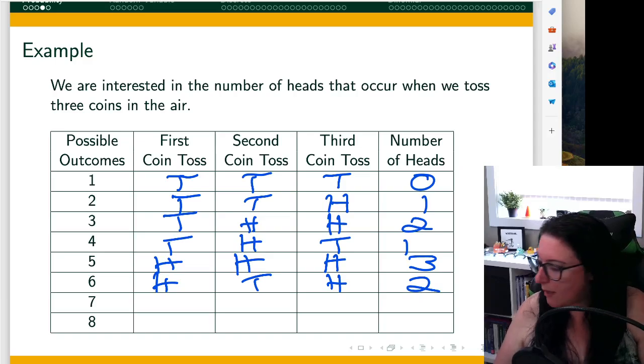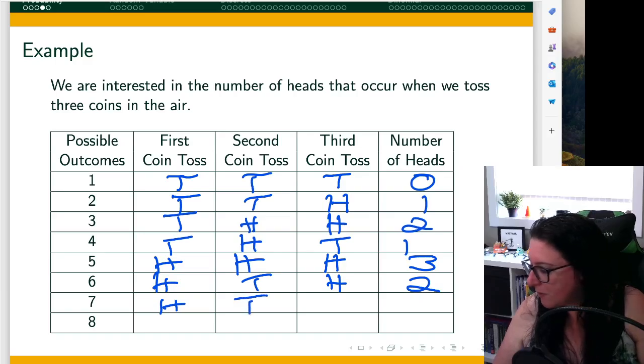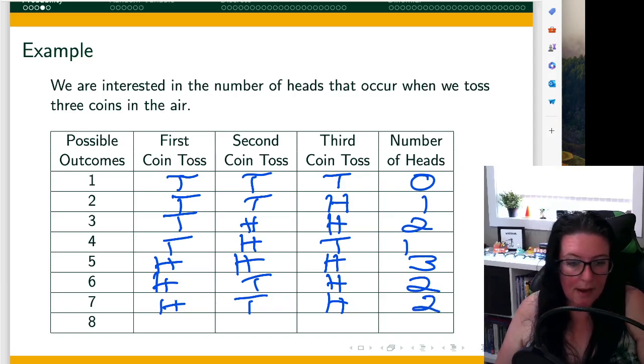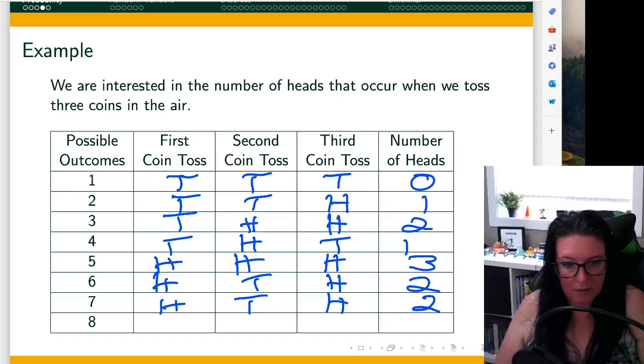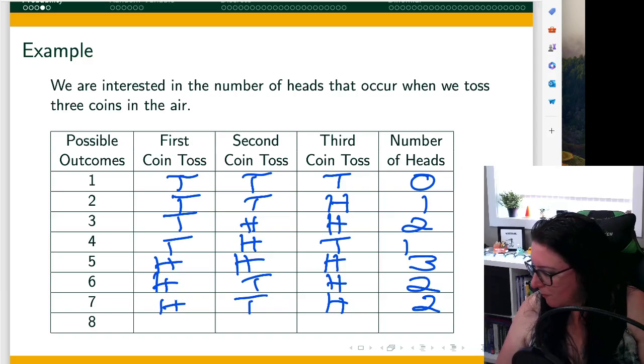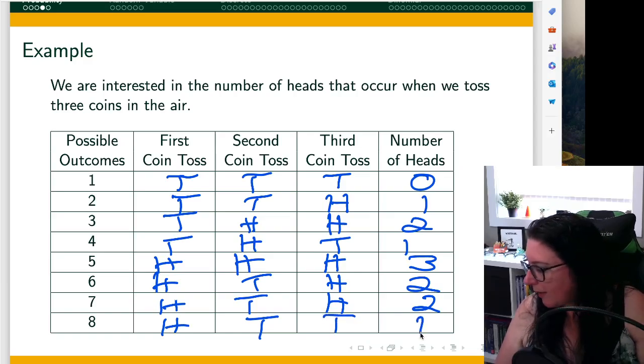And this time here, heads, tails, heads. That's 2 heads there. What else do I have here? Tails, tails, tails. And let's say the last time we got heads, tails, tails, and we get 1.